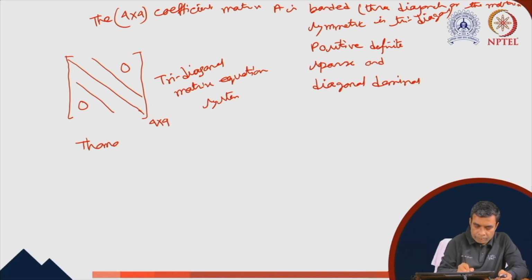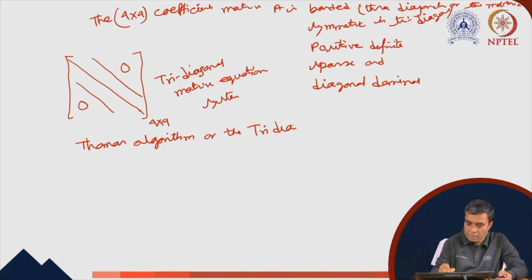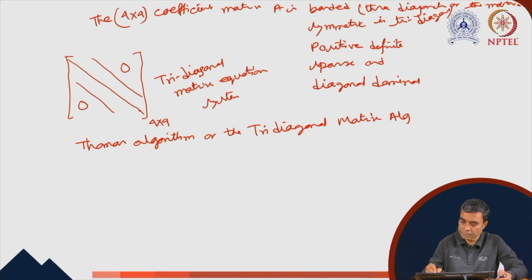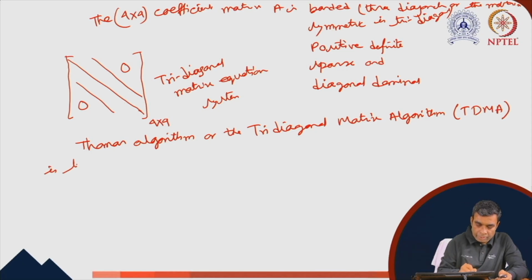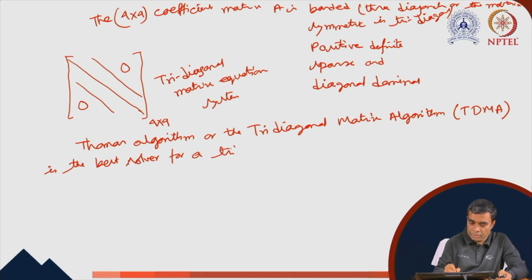Thomas algorithm, or the tridiagonal matrix algorithm, in brief it is written as TDMA with this acronym, is the best solver for a tridiagonal matrix equation system.